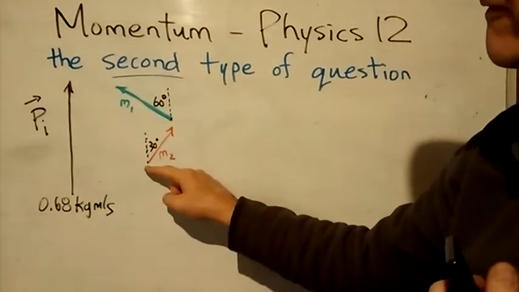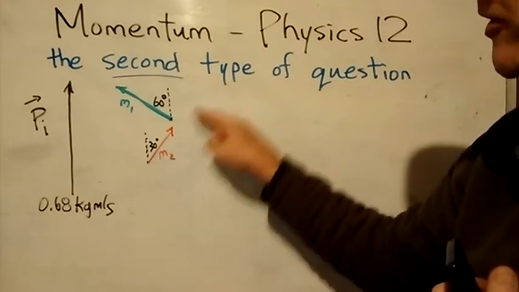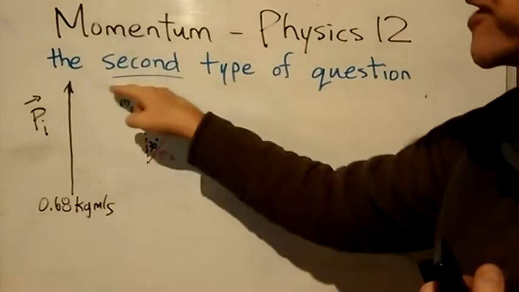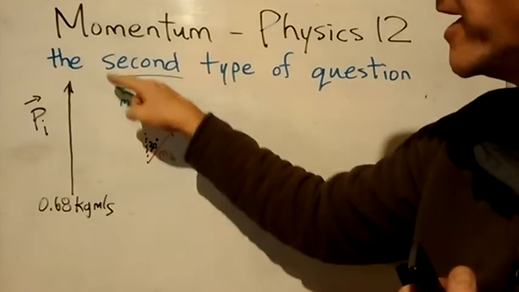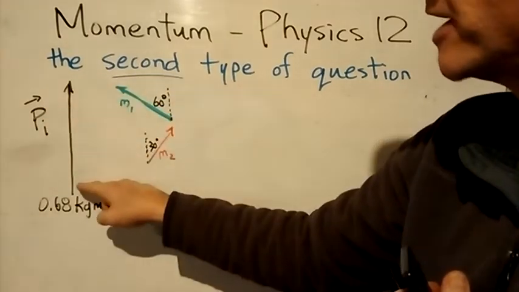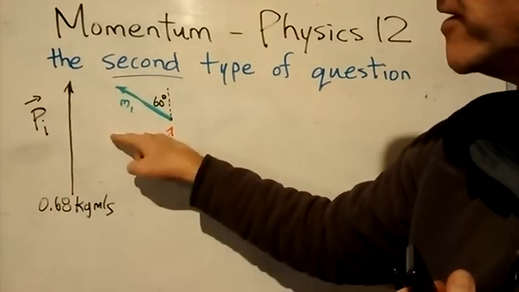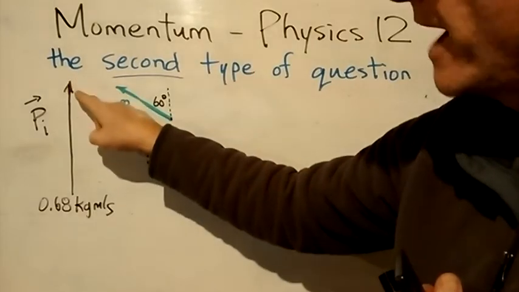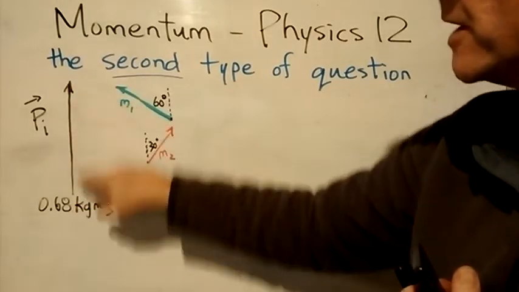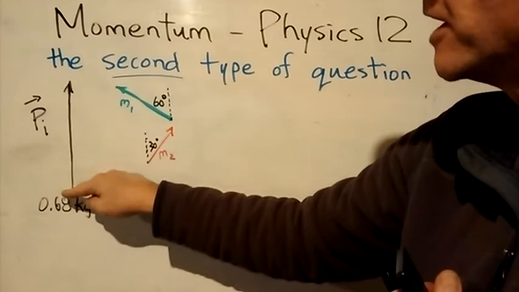And the final momentum of M2, which is in that direction, plus the final momentum of M1 have to equal the initial momentum. So this one plus that one will have to equal this one. So final plus final have to equal the initial.